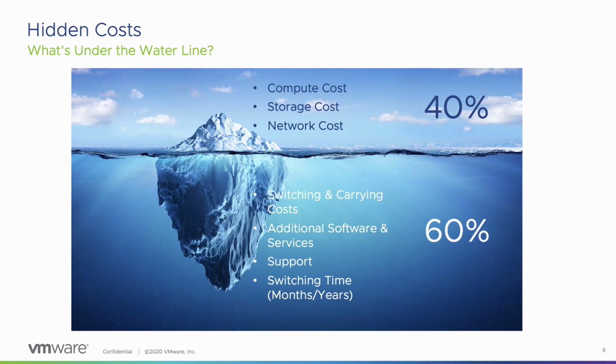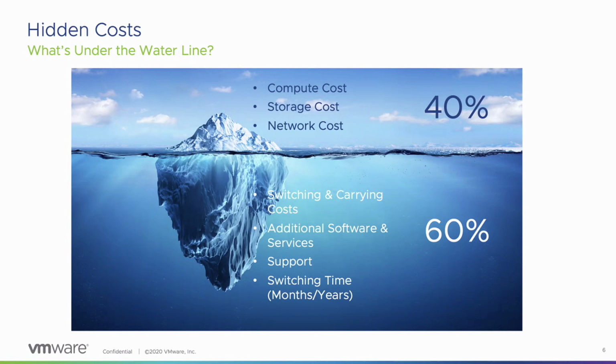There also may be additional software and services that have to be purchased to make it what we call functionally equivalent to what we would have with a VMware Cloud on AWS solution. We've also got support costs that have to be added in. And then one that I think is very significant is the switching time, which for some organizations could be months, it could be years.